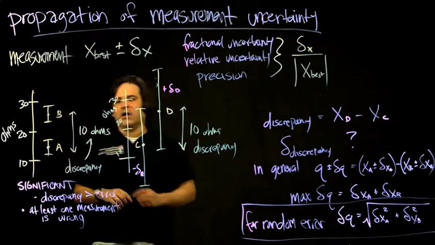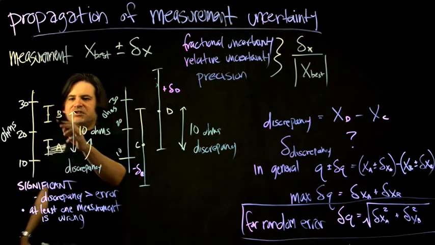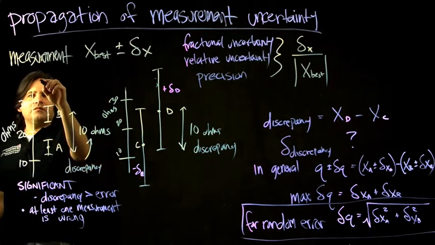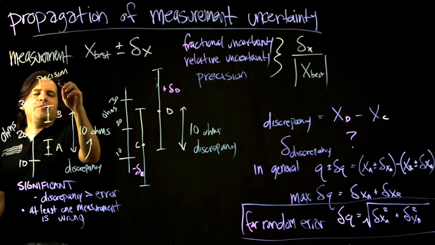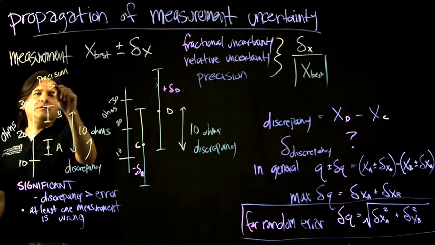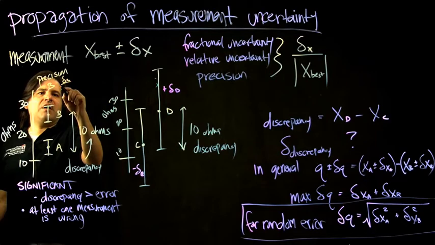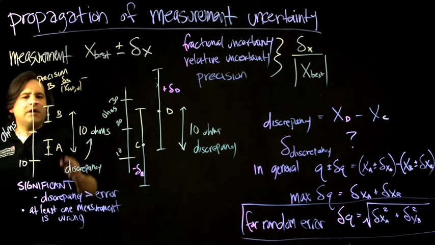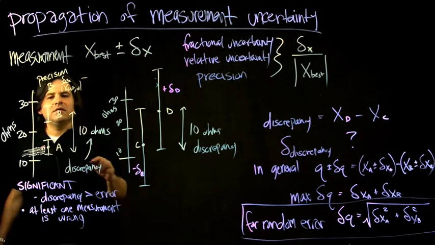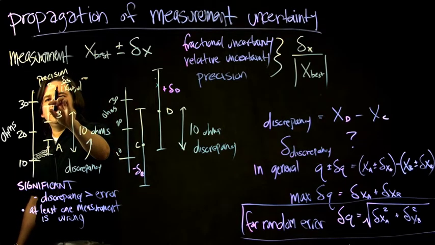To put a number on it, the precision for B would be the uncertainty of B over the best value for B. Just for my eyeballs, 25 is the denominator, over, let's say, 3.